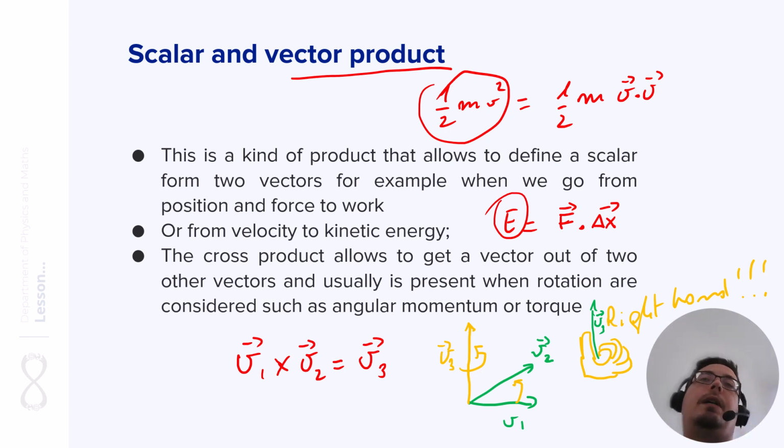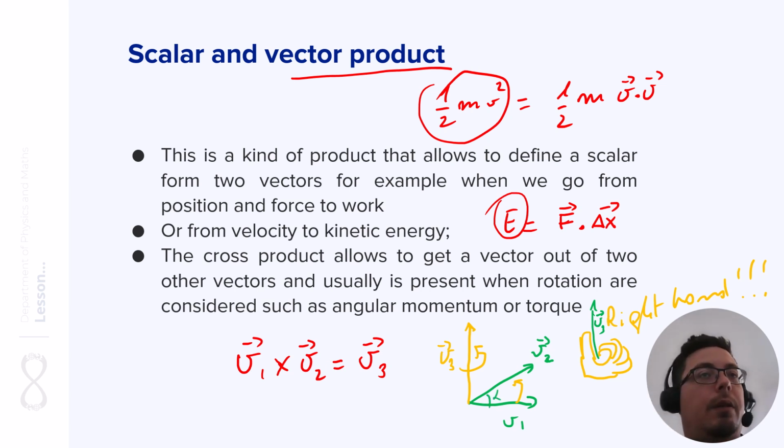And those vectors are, for example, involved in any rotation. Whenever you have rotation, you have the vector product of two vectors, because the rotation is identified by an axis, which is exactly in this case v3, and the magnitude, which is the product of the two times the sine of the angle in between.